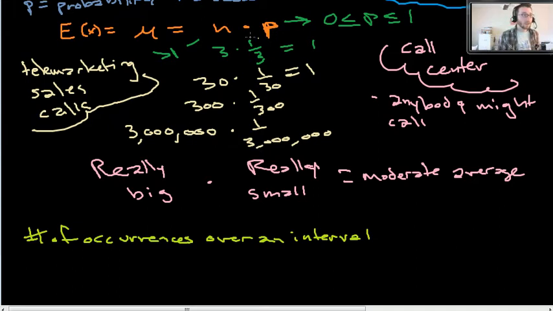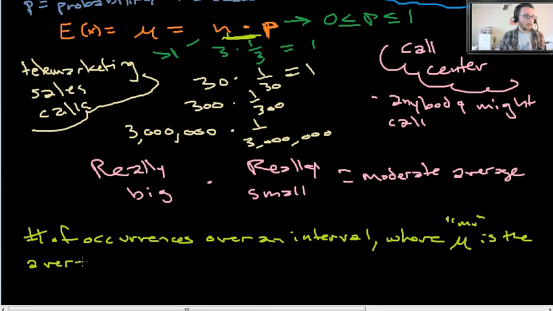And so instead of getting n and p separately, like we did here, usually we just get the mu, right? So we're talking about the number of occurrences over an interval where mu is the average number of occurrences.